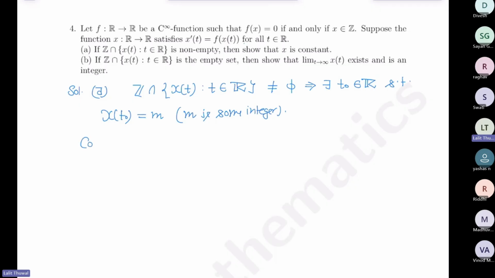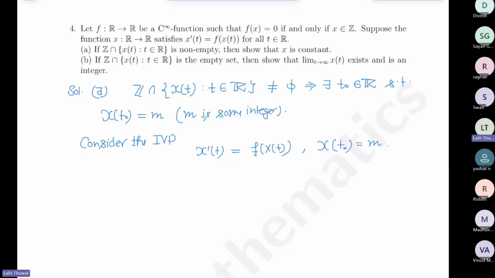So consider the IVP: x'(t) equals f(x(t)), and the condition is x(t0) equal to m.